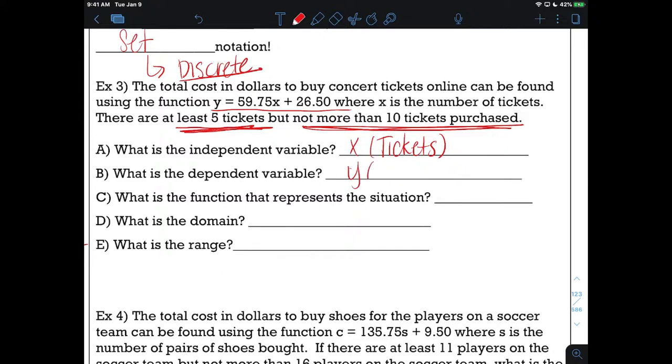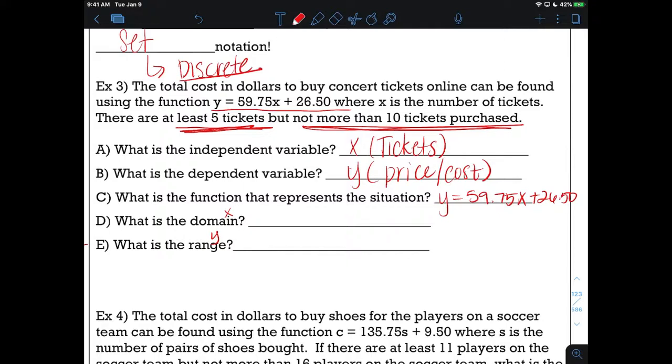Always Y, which is also the price or cost. What is the function that represents the situation? Well, they gave me an equation, pretty straightforward. Okay, so we got that. What is the domain? What is the range? Okay, domain is X, range is Y.